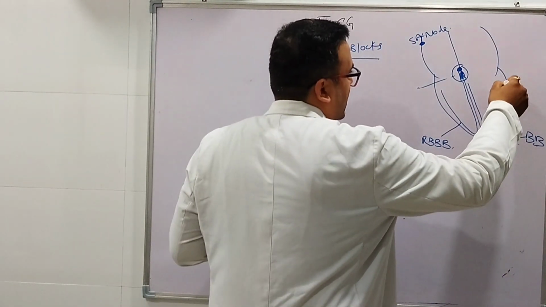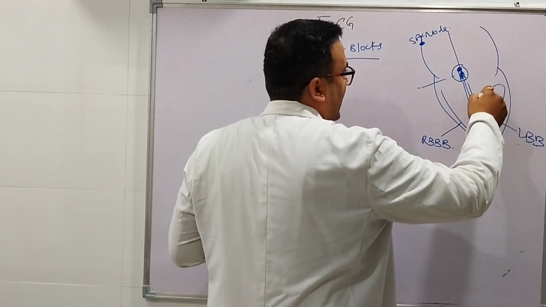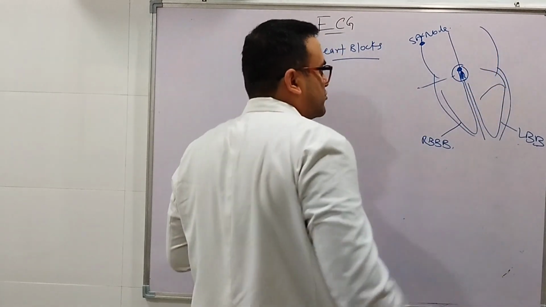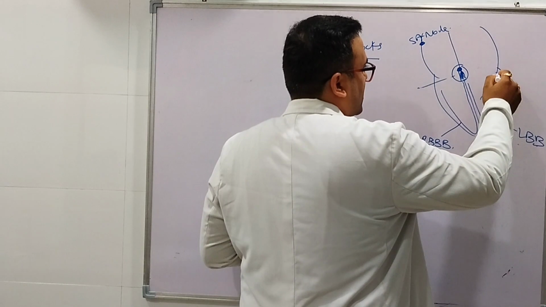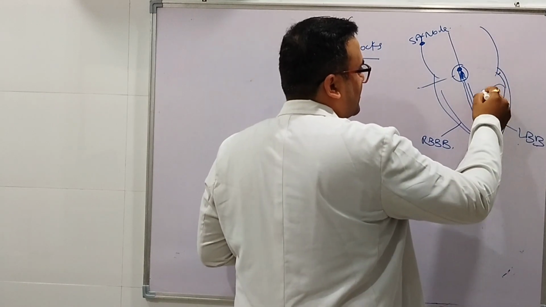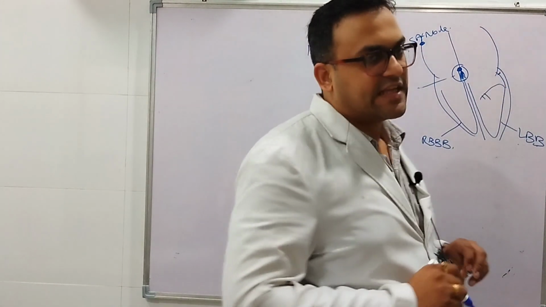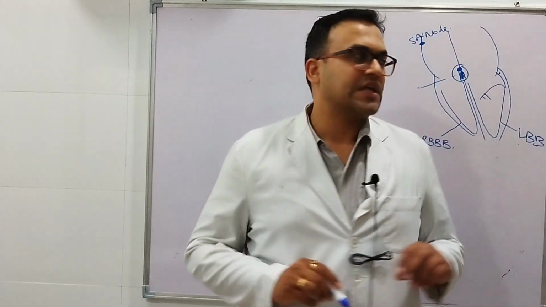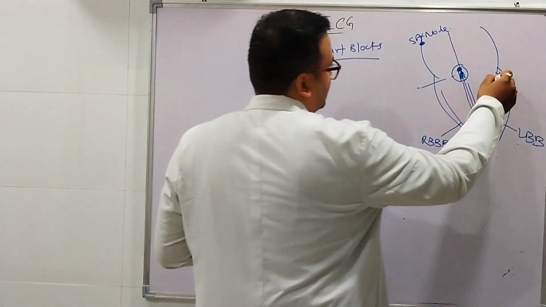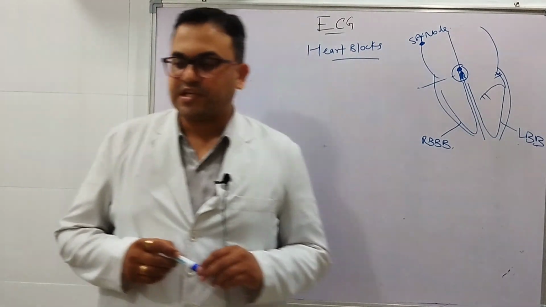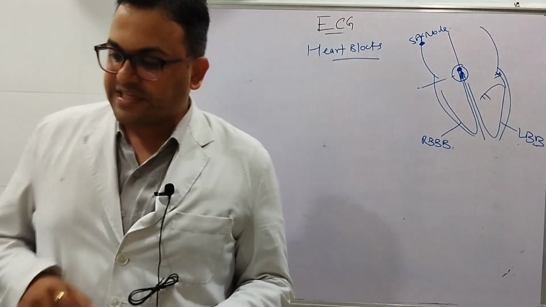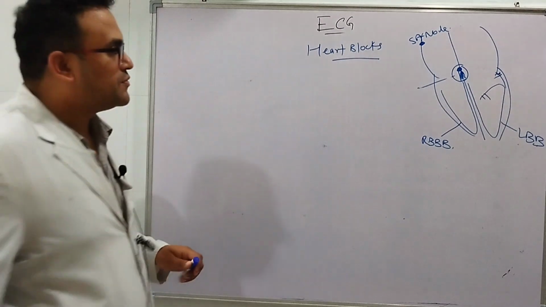Also, the left bundle branch again divides into anterior fascicle and posterior fascicle. If there is a block in the anterior fascicle, we call it left anterior hemiblock. If it is a block in the posterior fascicle, we call it left posterior hemiblock. So we'll be studying these in detail now.